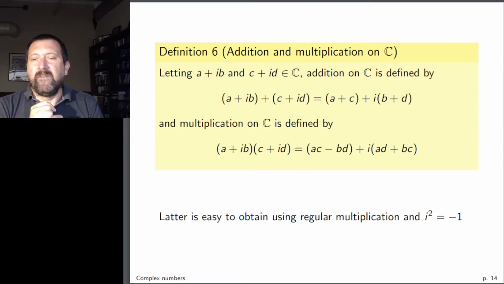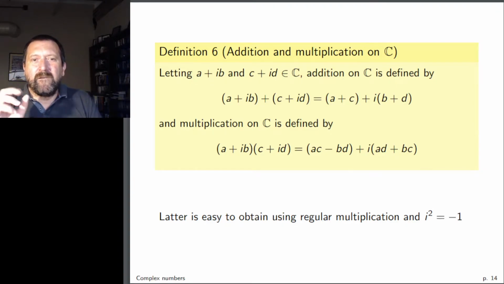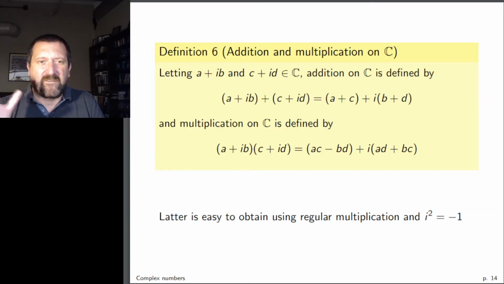Okay? There's nothing very important here. It's easy. The part without the i we call the real part of a complex number, and the part that has an i in front is called the imaginary part.